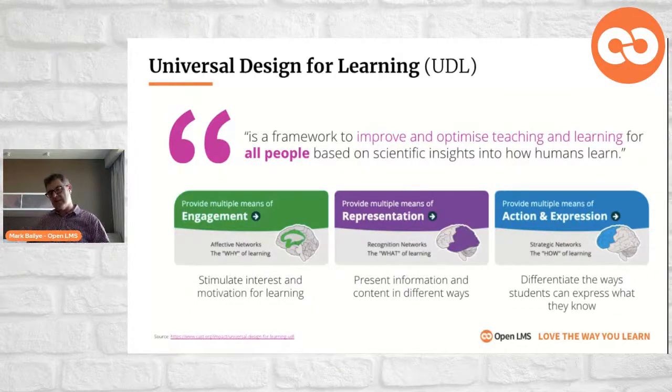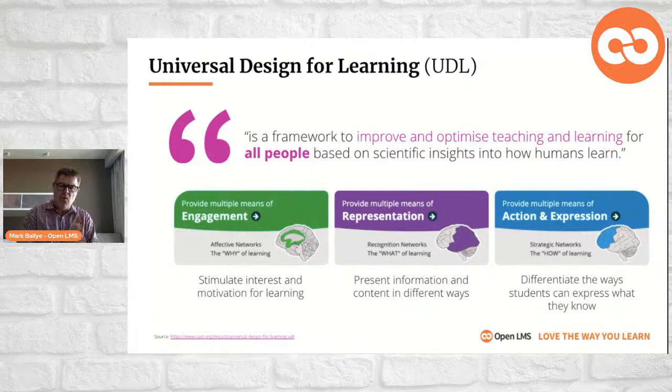It's really important that those three things are the foundation for what we're going to move on and talk about, which is how we put this into practice. When we're designing our courses, what do we think about for engagement, for representation, the what, and for action and expression, the how?